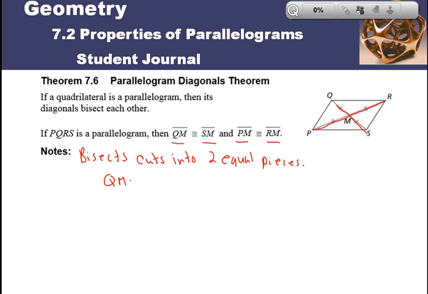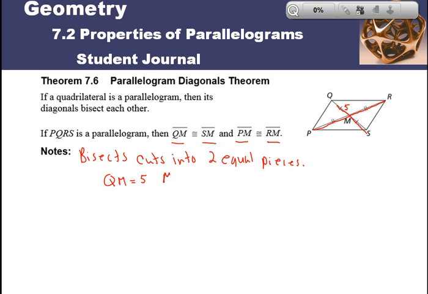If we said that QM was 5, so that would indicate that this segment right here is 5. I've lost my cursor. Oh, there we are. 5. And then what would MS be?